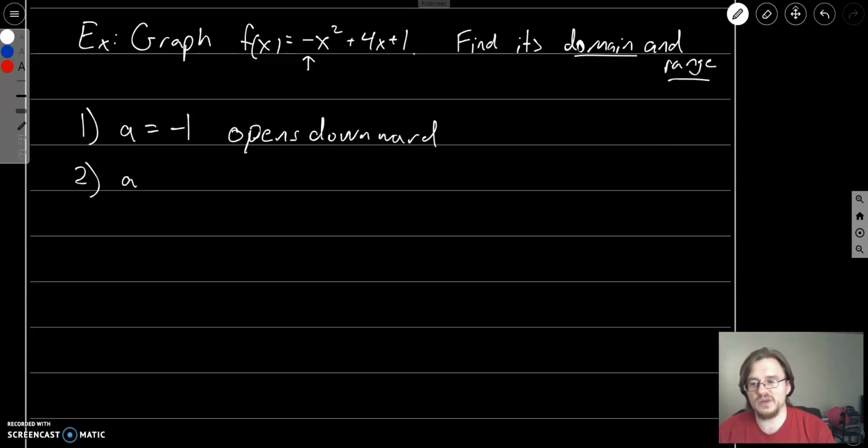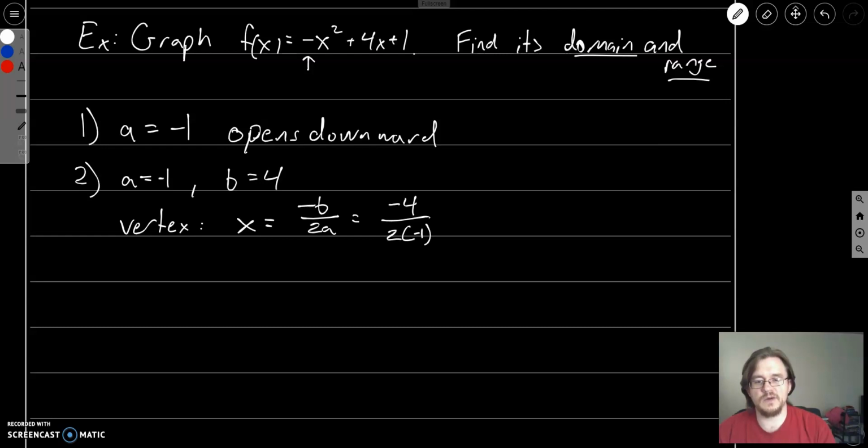So we know that a is going to be negative 1, but we also need to know b, which is going to be 4. So the x value for the vertex is just going to be negative b over 2a. So we've got a negative 4 over 2 times negative 1. And the negative signs will cancel out. 4 and 2 will cancel out to just get 2.